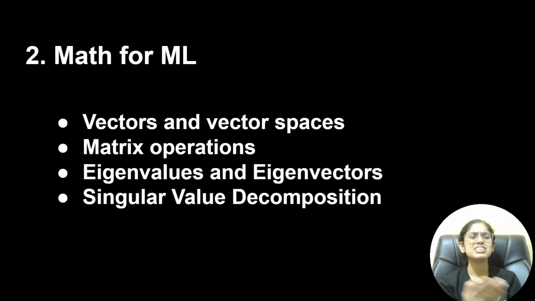For data science, maths has occupied each and everything. I am not telling you to become a mathematician or do a PhD in mathematics. But you have to know basic concepts before you go to AI security. What are the concepts? Vectors and vector spaces, matrix operations, eigenvalues and eigenvectors, singular value decomposition, etc.